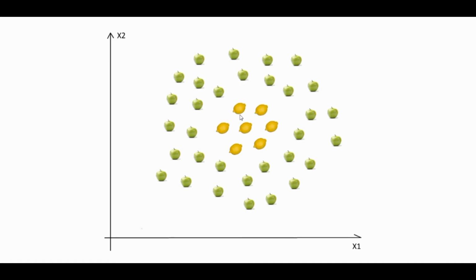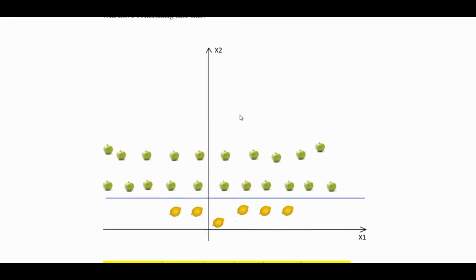When you view it from a side view and use another axis, here x2, it becomes clear that the green apples and yellow lemons will differ from each other on the function applied on x2. Then our model will try to create a hyperplane which will split them.